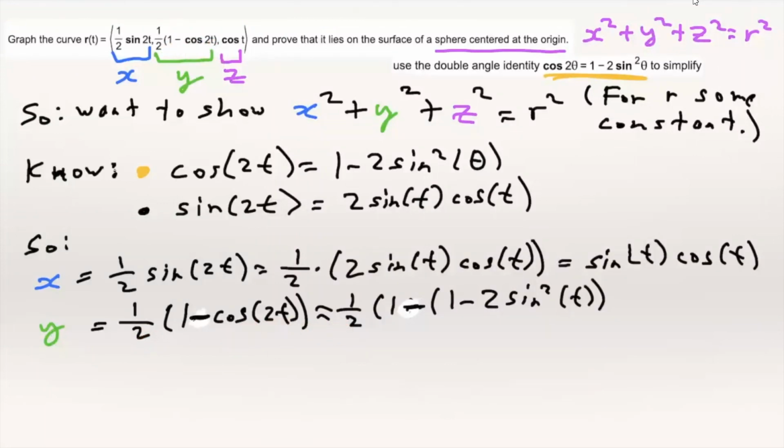And the problem gave us this double angle identity for 2 theta. So plugging that in, we have 1/2 times 1 minus 1 minus 2 sine squared t. Fortunately, 1 minus 1 goes away, and then we have 1/2 times 2 sine squared t, which is just sine squared t. How pleasant. And z is already pleasant. z is just cosine of t.